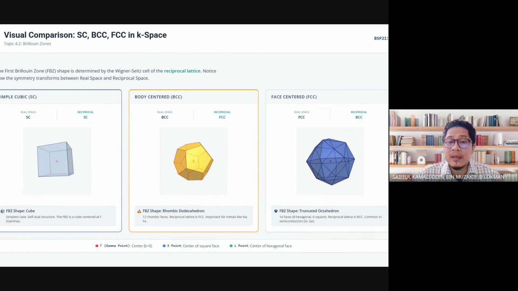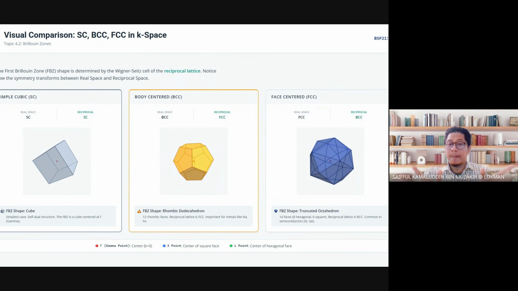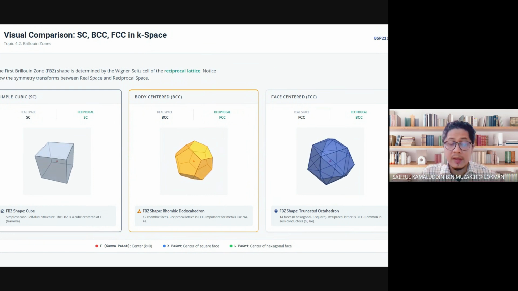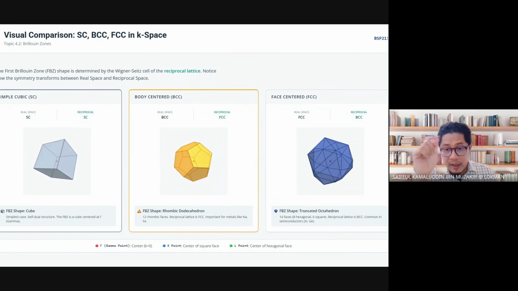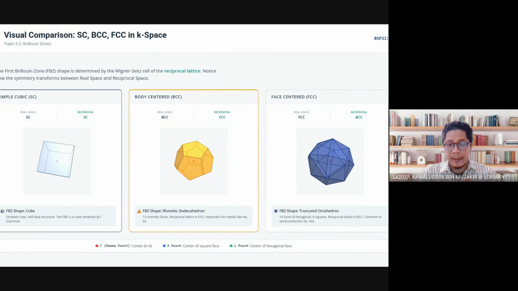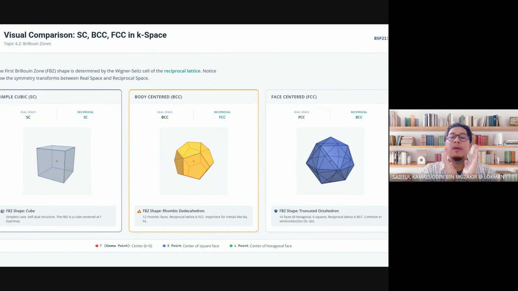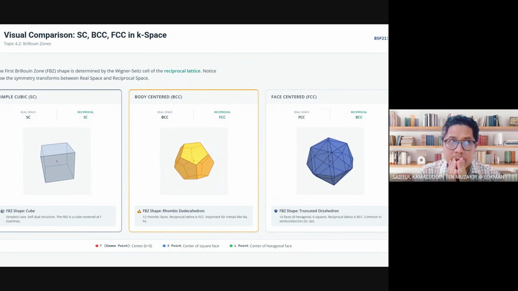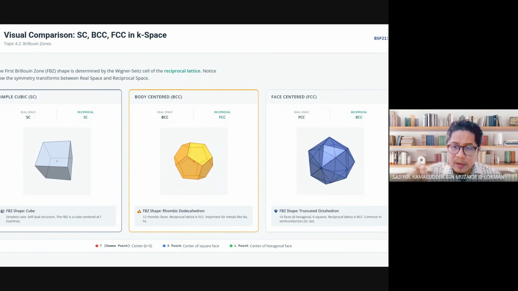The shape is a rhombic dodecahedron because it's a three-dimensional system. We don't draw the Wigner-Seitz cells and the first Brillouin zone using our hand. No, we never do that. What I showed you just now is only for basic educational purposes, how it should be drawn.